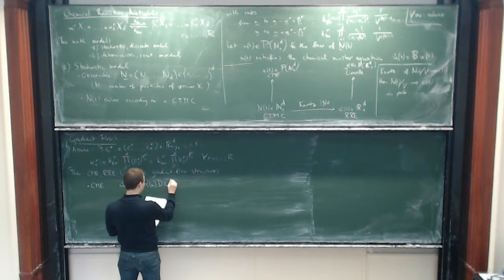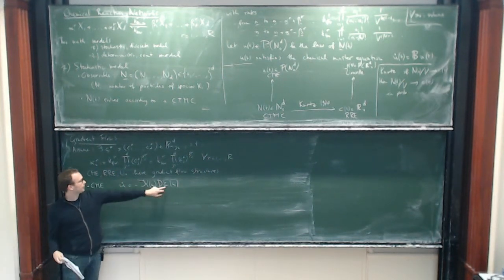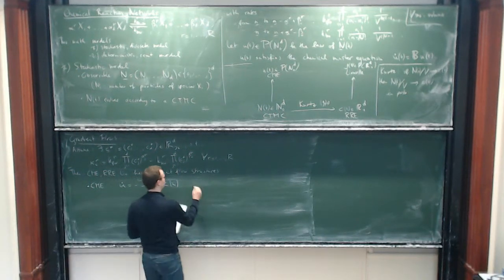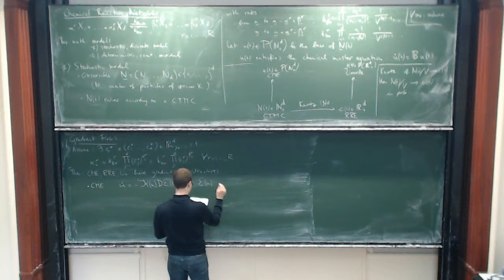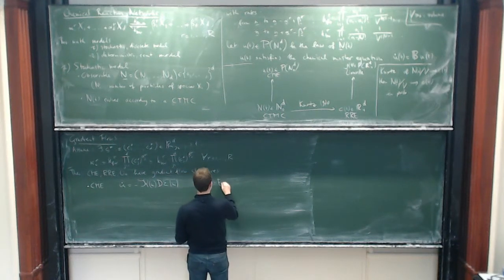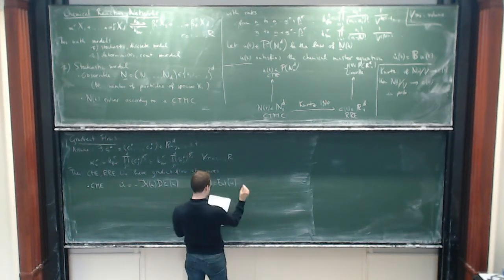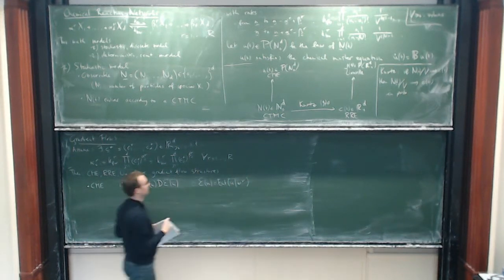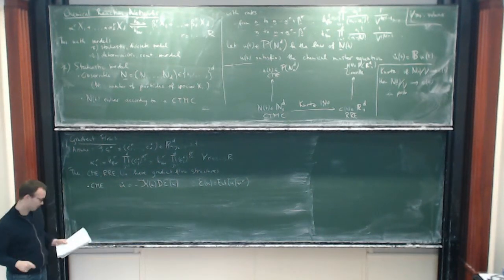So the right-hand side is this gradient flow structure, where this driving functional E is the relative entropy. So E of u is the relative entropy of u with respect to some measure which I denote by W_V, so it depends on the volume.